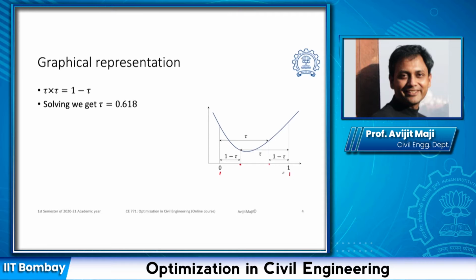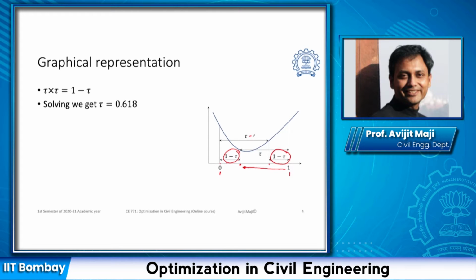Then we find two points which are tau distance from the boundaries. This point is tau distance from this boundary, and the remaining distance is going to be 1 minus tau. So if we eliminate either of these portions, we are left with an interval of width tau.